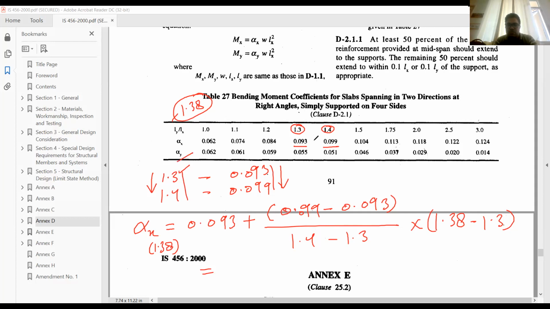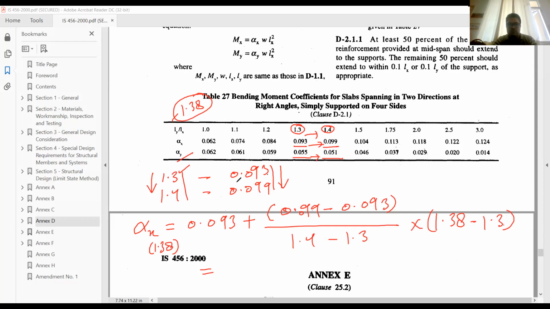For alpha y, for 1.3 the alpha y value is 0.055, and for 1.4 it is 0.051. So in this case you see as the value is increasing, the value of alpha y is decreasing. So therefore here, as I have done, I have provided a plus sign for alpha x because the value is increasing, but for alpha y the value is decreasing, so therefore we will provide here the negative sign.